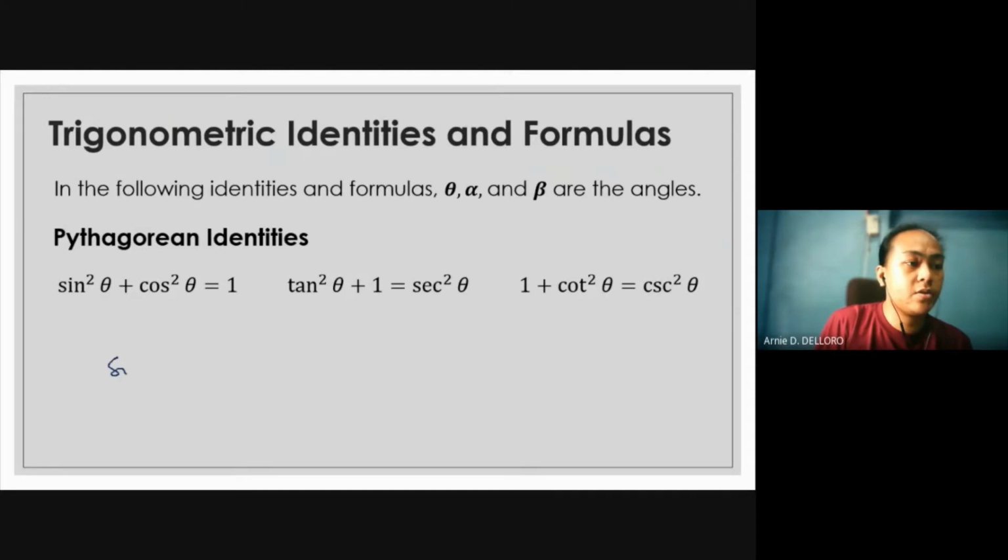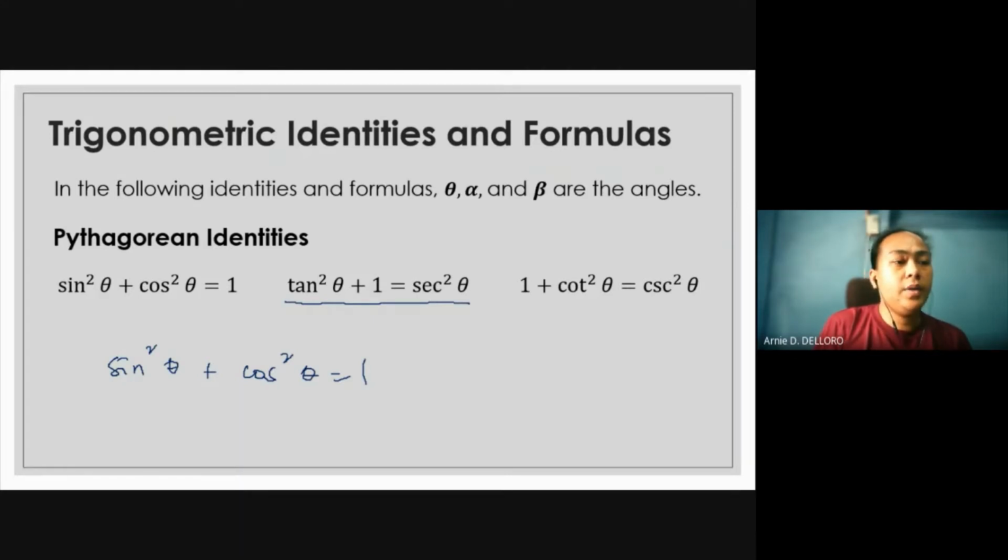Sige, pakita natin yung solution. So we have sine squared theta plus cosine squared theta equals 1. To get this identity, ang gagawin natin is to divide all the terms by cosine squared theta.